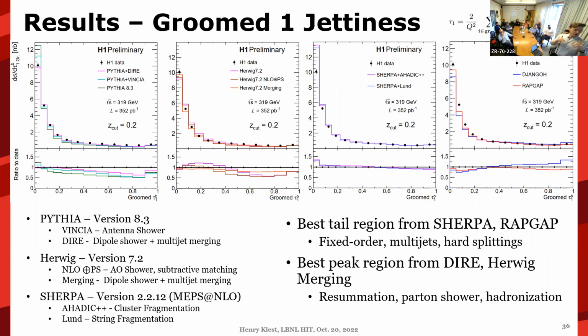So it's a question for each Monte Carlo author individually. With this information, they could probably tell you exactly which aspect of their model needs to be tweaked in order to improve the description.